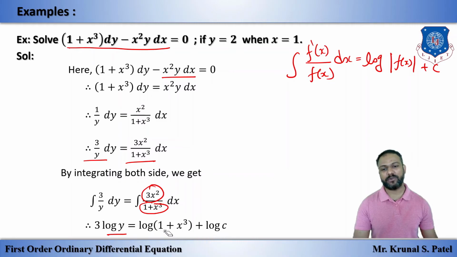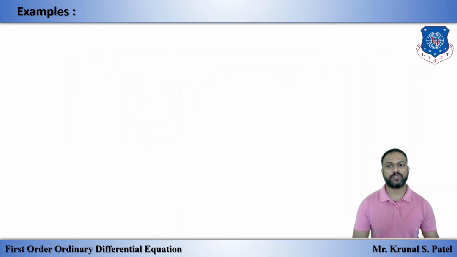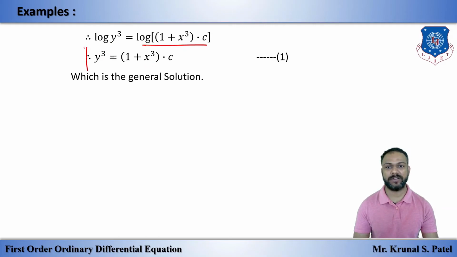Now we use the concept of log: 3 goes with the power, and we know that log a plus log b means log of a into b. By taking anti-log on both sides, log will be cancelled out. So y cube is equal to this, and this is our general solution.